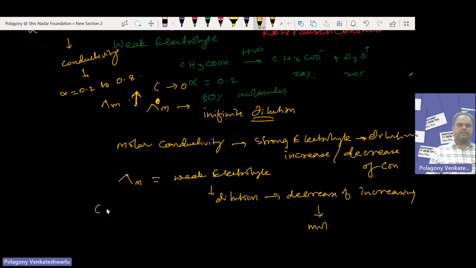And at C equal to 0, the molar conductivity is said to be the limiting molar conductivity, we write.